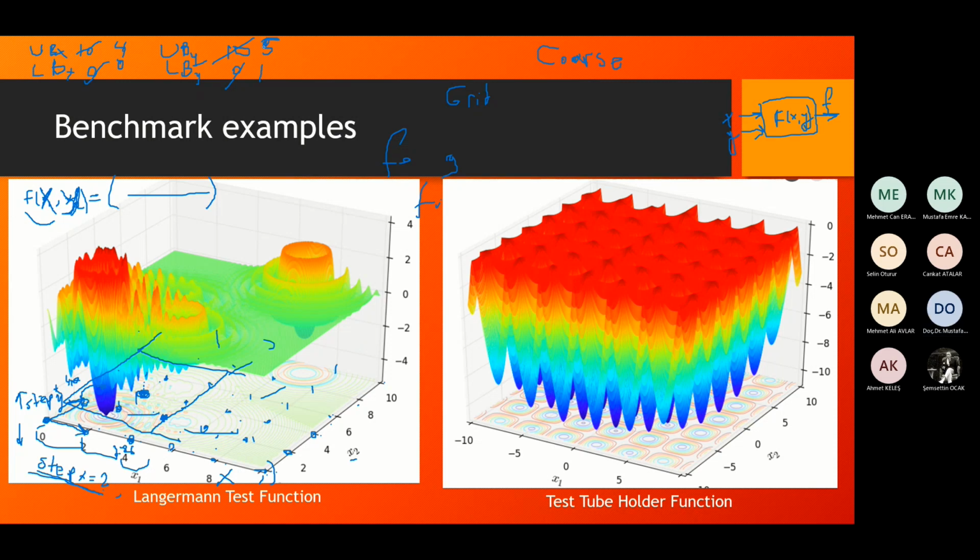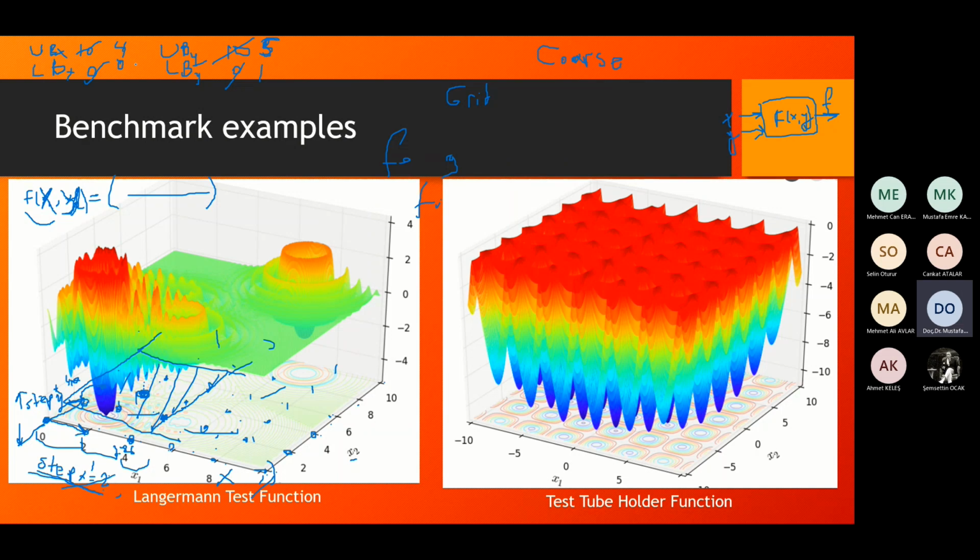Okay, so rather than searching the whole space, we will be searching a narrower area, uniformly sampling with a new step size. At the beginning, the step size was 2, and that gave us 36 samples. Now I will be reducing it to 1. Step size is 1 now.